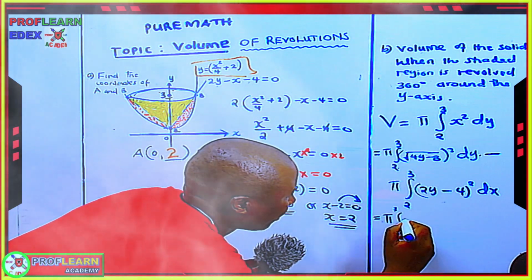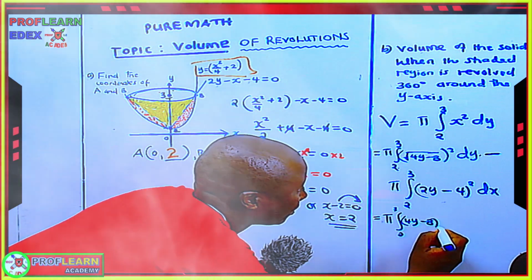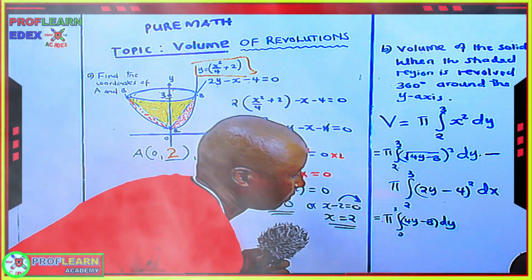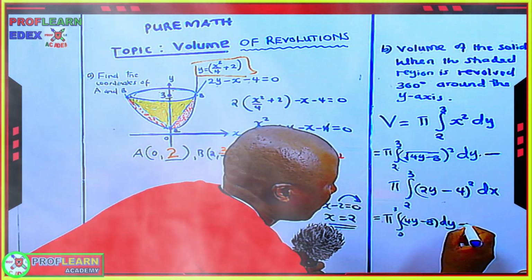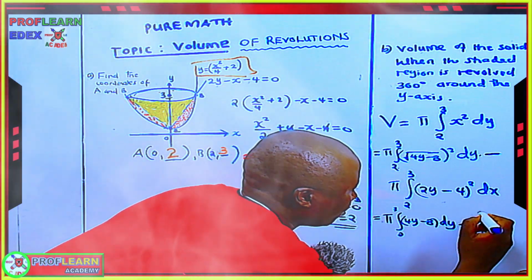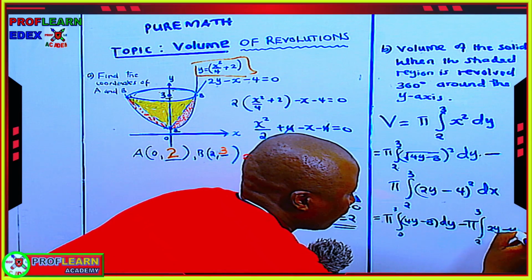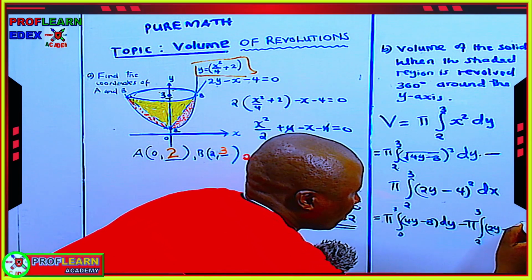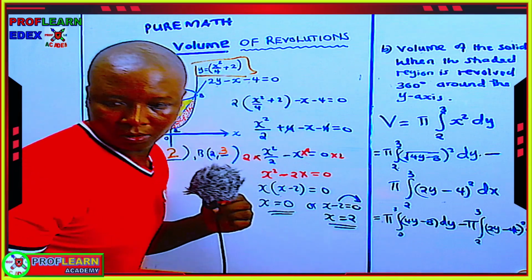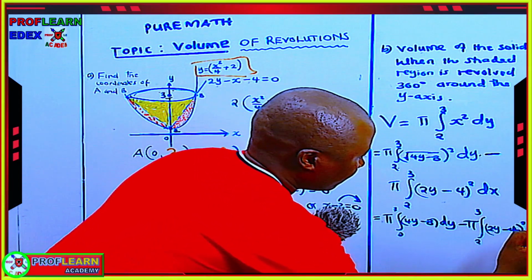Squaring this, we are going to have 4y minus 8, which we integrate with respect to y, and then minus pi, integrated from 2 to 3, this part 2y minus 4 with respect to y.